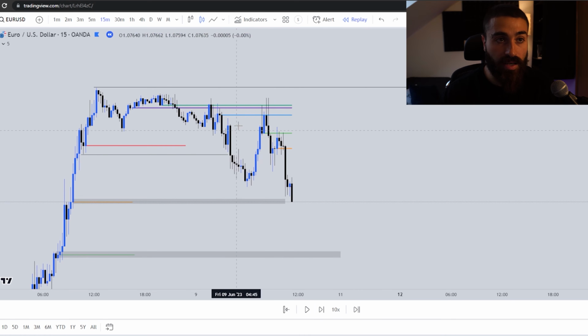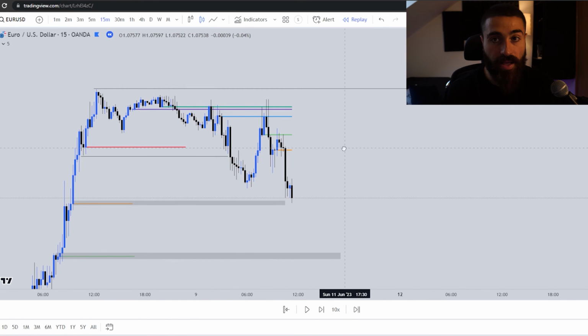Let's see together. As we can see, the sessions open next to each other, and when the sessions open next to each other, we usually see an expansion higher or lower, or it will consolidate, make a seek and destroy kind of condition.